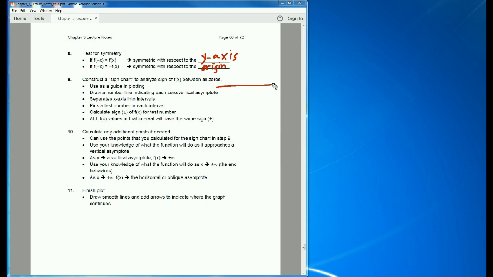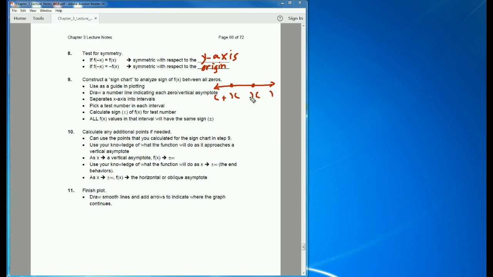Basically draw an x number line, mark any of your zeros on the number line, which then separates the axis into various intervals, and then just pick a test number in each interval, calculate the sign of the function in each interval.